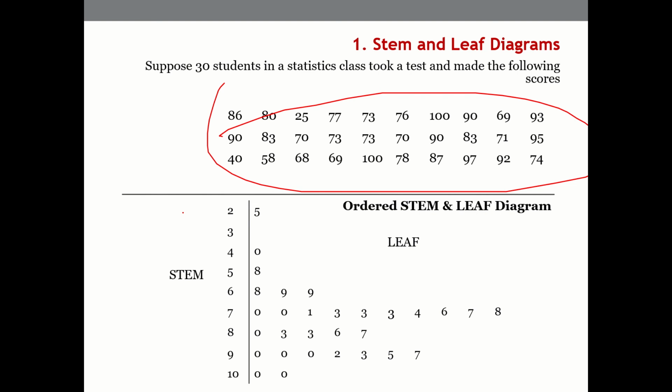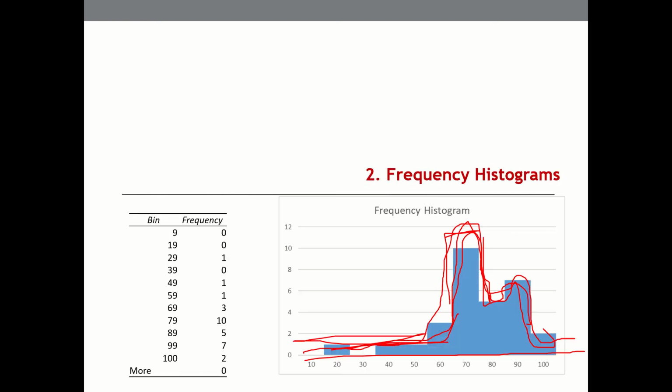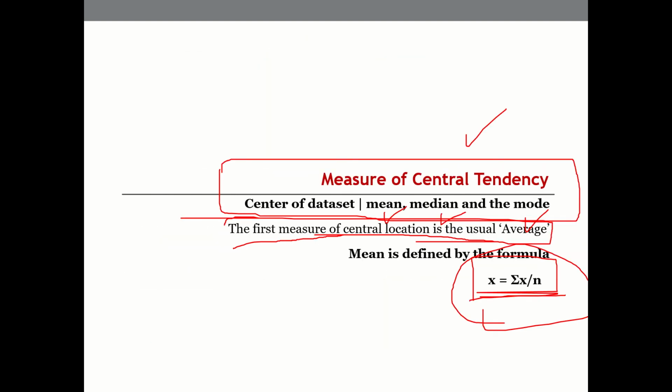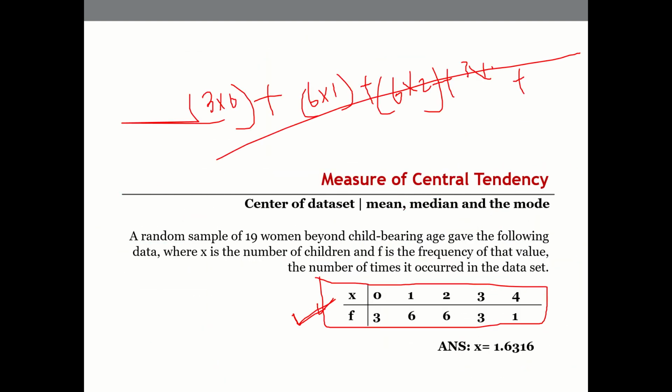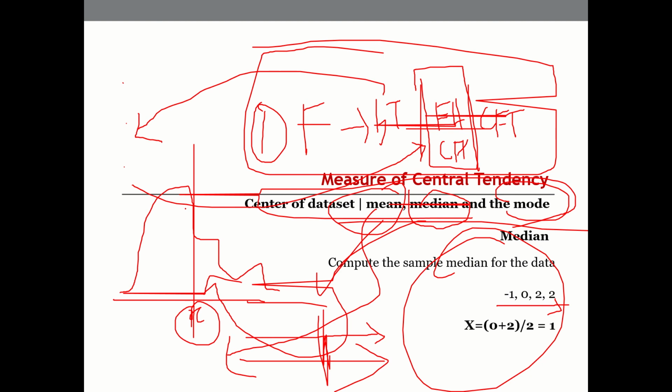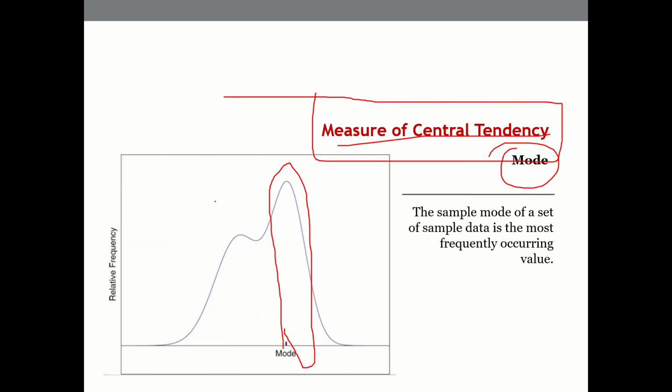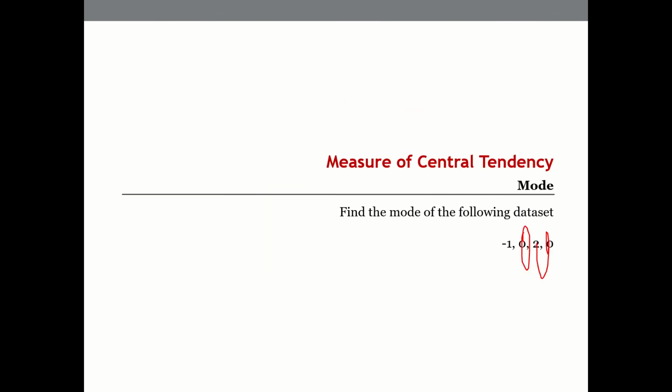Yes, 90 and 73, three of each are there. So the most frequently occurring data in the data set is termed the mode. That also helps us in understanding how the data is spread across the data sets.